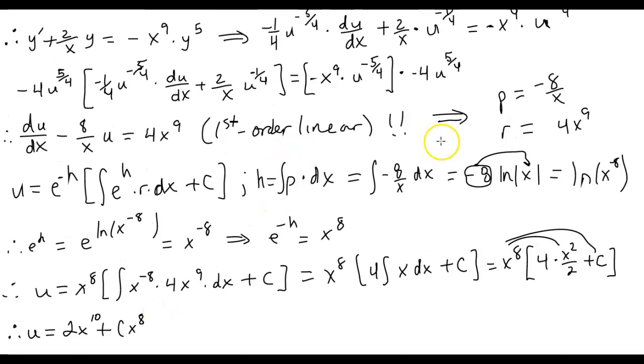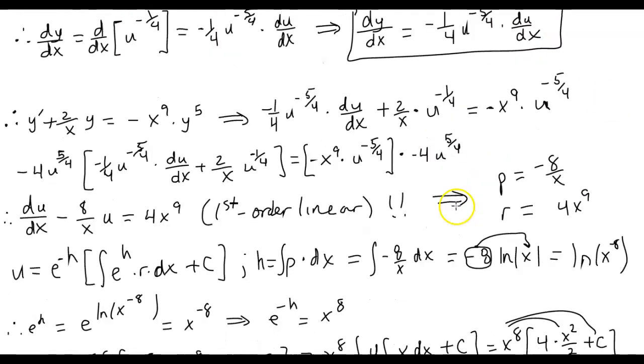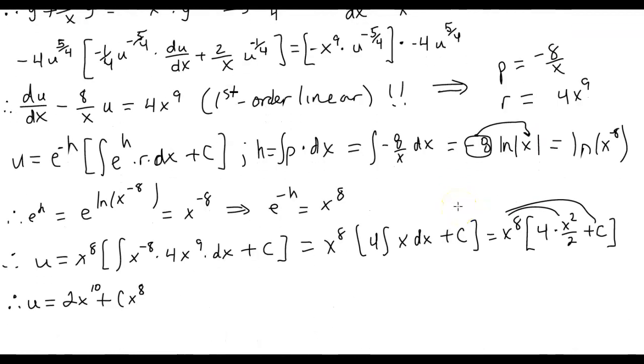Of course, we can come back up here, remember what y actually is. So y is u raised to the negative 1/4. So since u is this, y is u raised to the negative 1/4, which is essentially going to be everything that we have here raised to the negative 1/4.